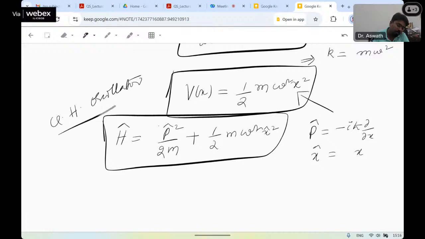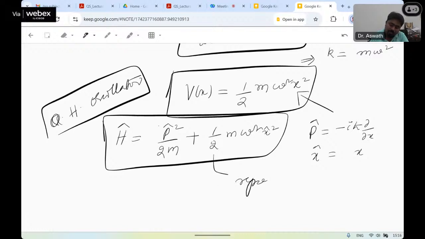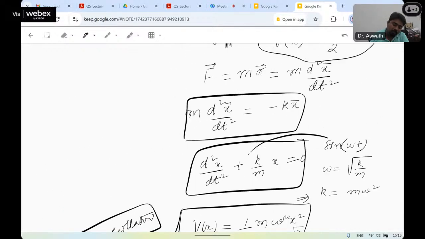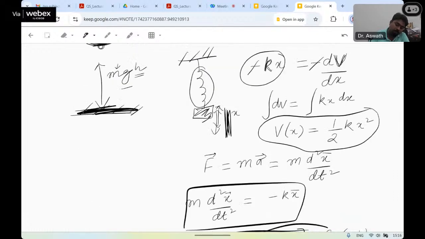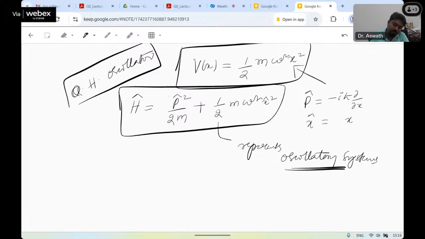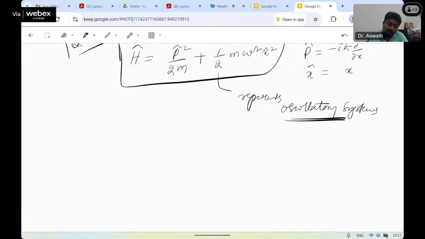This is what I want, because it represents oscillatory systems. Since my electromagnetic wave is oscillatory, I would use the harmonic oscillator concept to understand what it consists of.